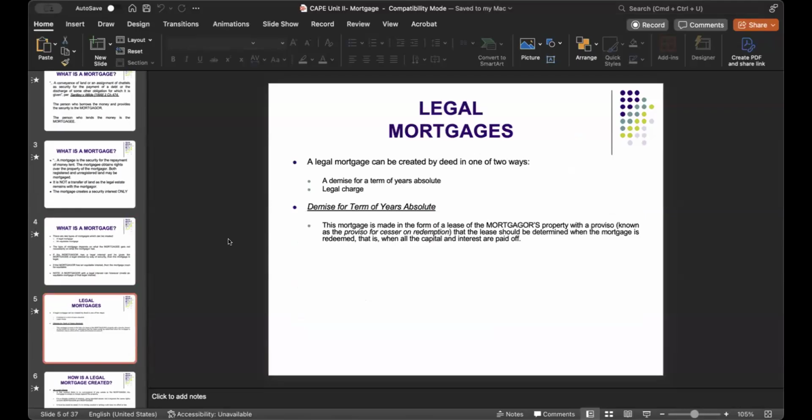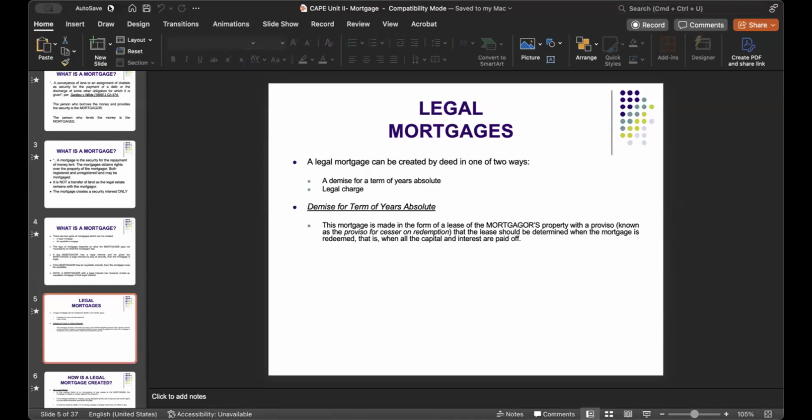We're reading that. A legal mortgage can be created by deed in one of two ways: a demise for a term of years absolute or a legal charge. A demise for a term of years absolute is where the mortgage is made in the form of a lease of the mortgagor's property with a proviso, or the pronunciation may vary, known as the, how do I pronounce it again, Trent?